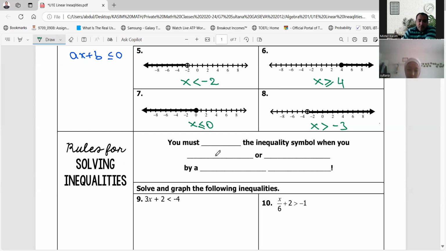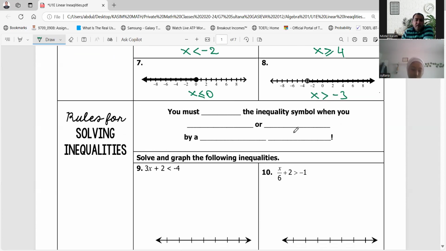Okay. And now, the next thing is, again, solving an inequality is exactly the same as solving equations, but with only one difference. Let me write here so that you can see better.